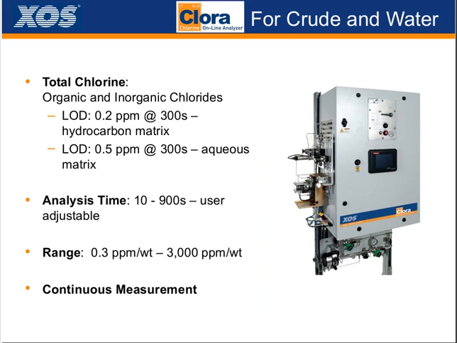Next, I do just want to talk a little bit about what we can do for you on the process side of things. We do have a Clora online instrument, which we have had for three years now, I believe. It's based on the same platform as the regular Clora. You're getting an LOD of about 0.2 ppm, 0.5 ppm in aqueous solution. And what we're doing here is a continuous measurement.